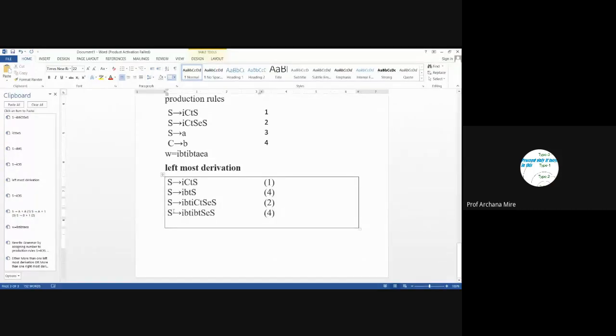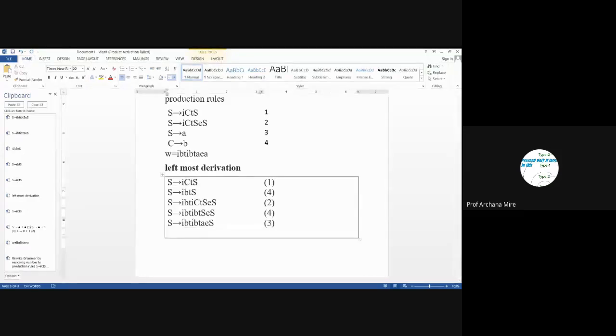Once again, the leftmost non-terminal is this S. And now we cannot use production rule number 1 or production rule number 2 because the required length of the string has been acquired here. Now we just need to insert symbol A in place of this S and this S. So here, since we are following the leftmost strategy, we will be replacing it with small a by using production rule number 3.